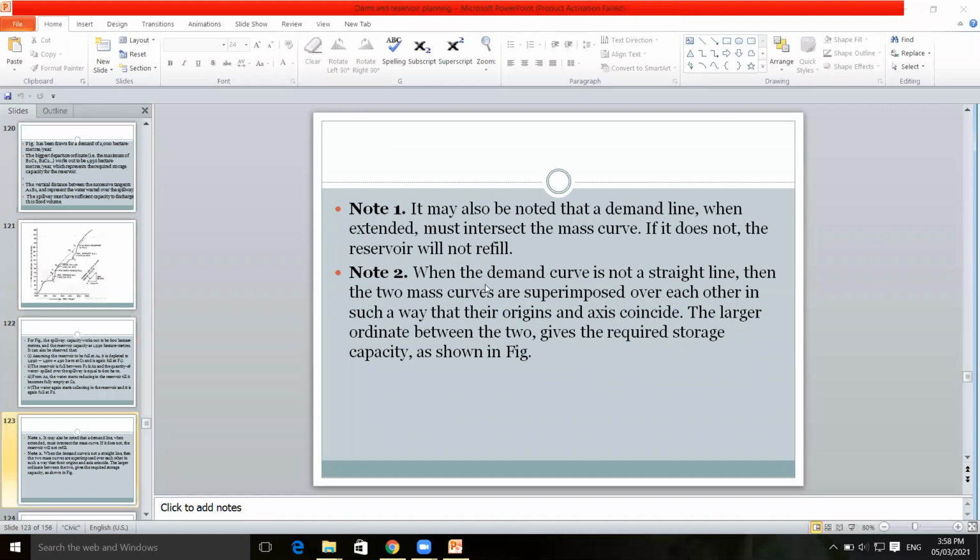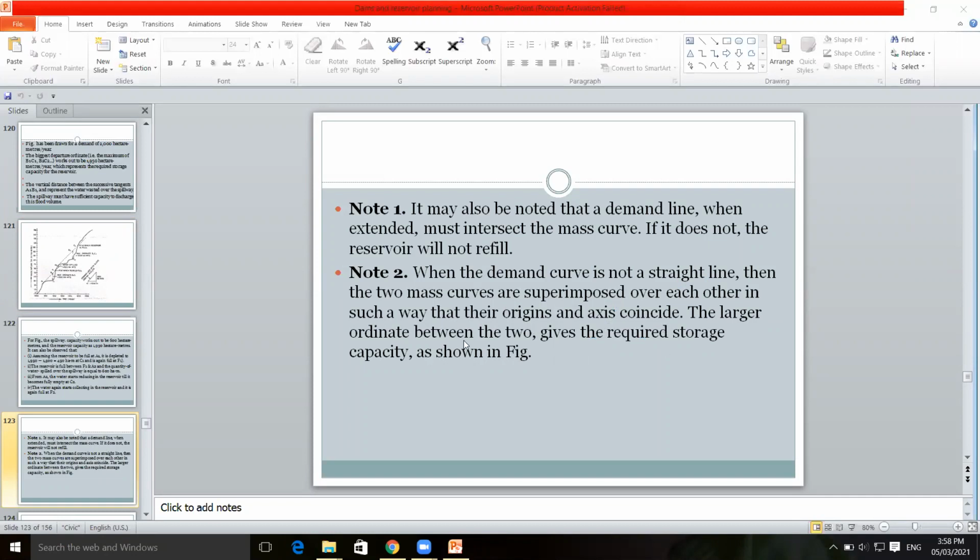In note 2, when the demand curve is not a straight line, then two mass curves are superimposed over each other in such a way that their origins and axes coincide.